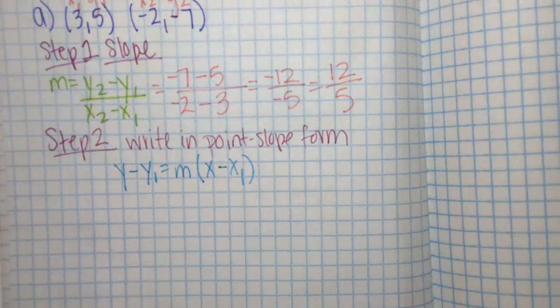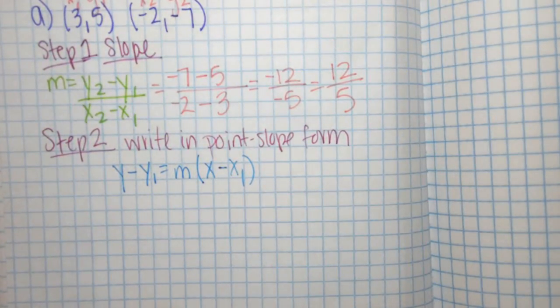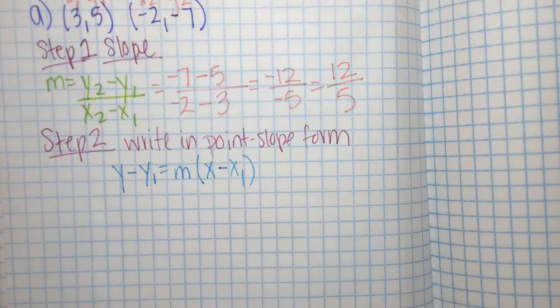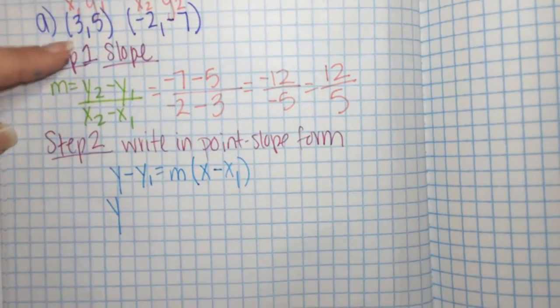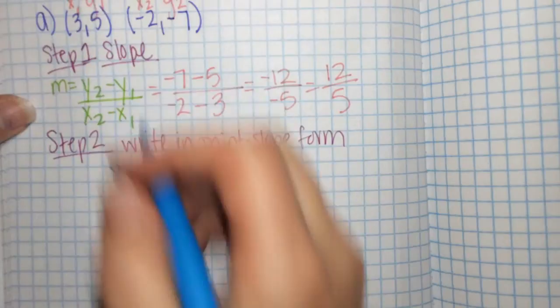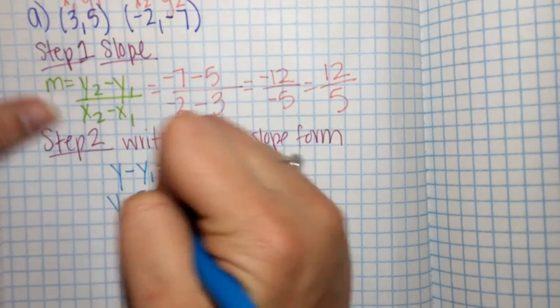So, what point do we use, Bronson? The first point. Take a point, Bronson. Alright, so it's going to be y. Now, is it going to be plus or minus 5? Minus. Take a point, Jorge.